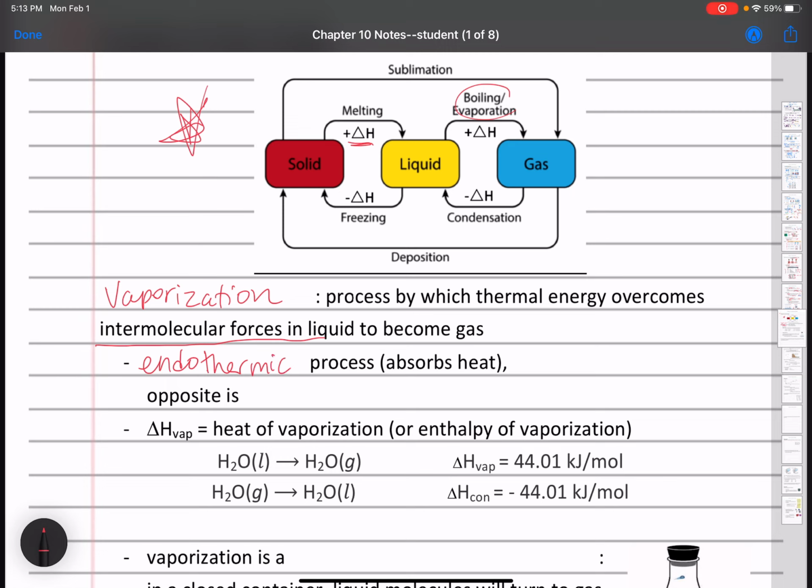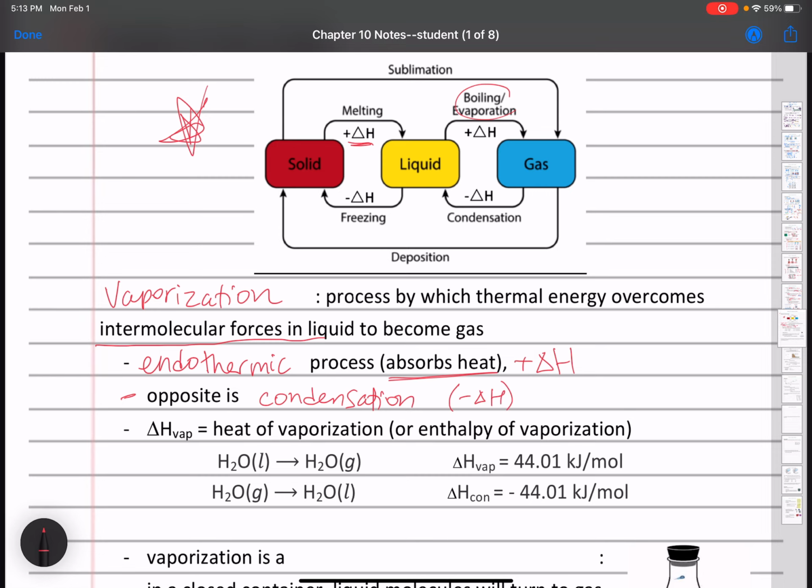Endothermic means it absorbs heat. Endothermic processes have a positive enthalpy, a positive change in heat. The opposite of vaporization is condensation. So condensation is going to be exothermic.